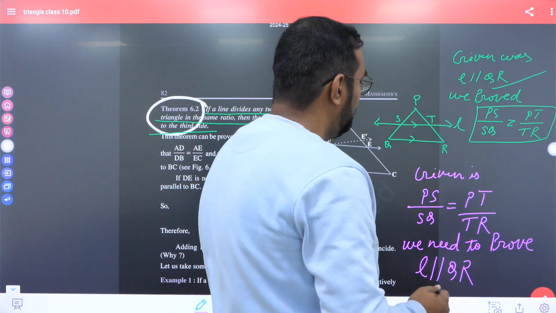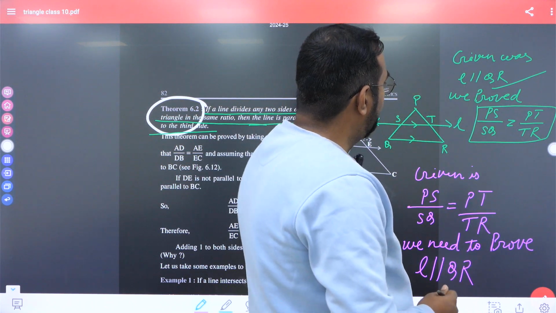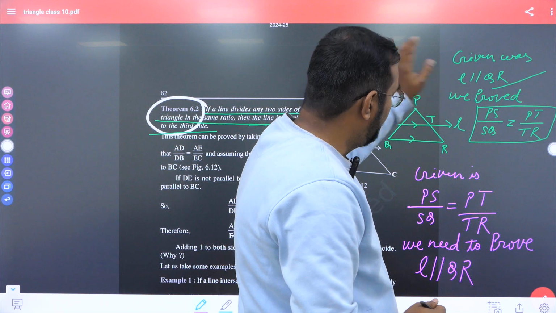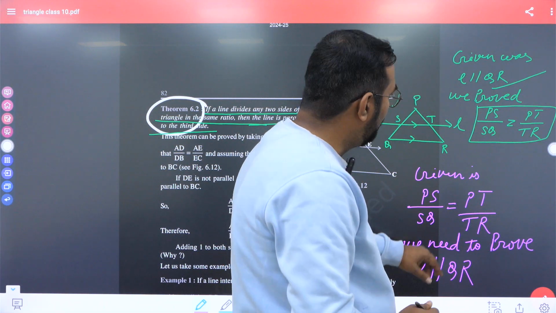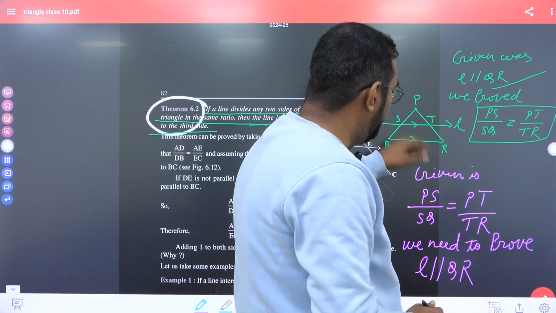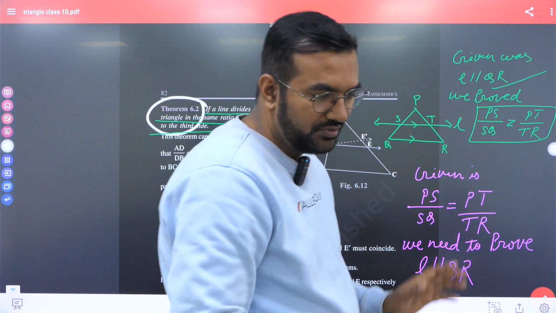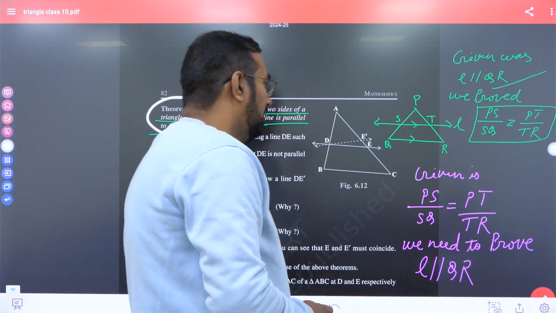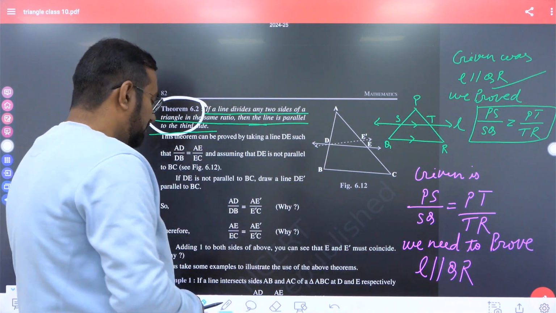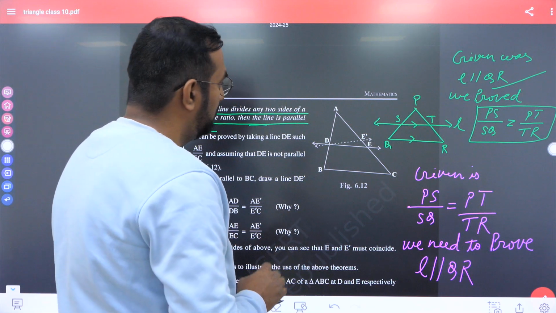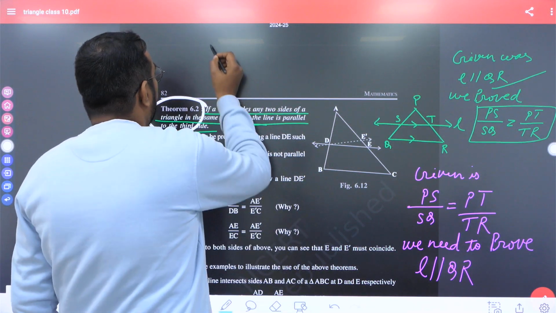Now you can see what is given here, we have to prove here, and what we have proved there is given here. So we can say this theorem is the converse of theorem 6.1. So proof, let's see how we will prove.